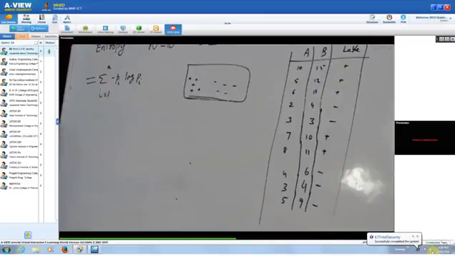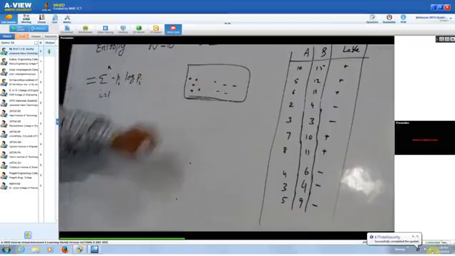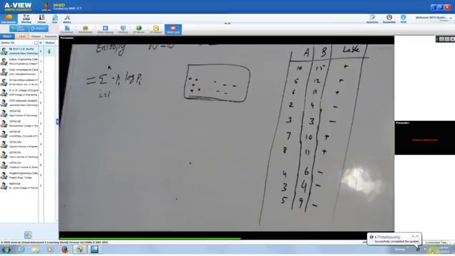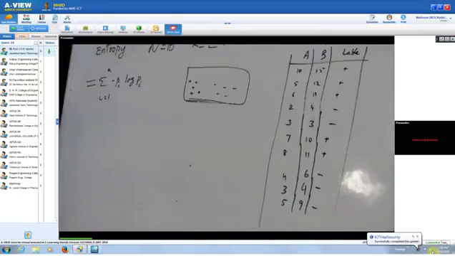Now consider this as minus p log p. What is this p? The probability of the ith class in this set. So what is the probability of plus here? Exactly, 1 by 2.